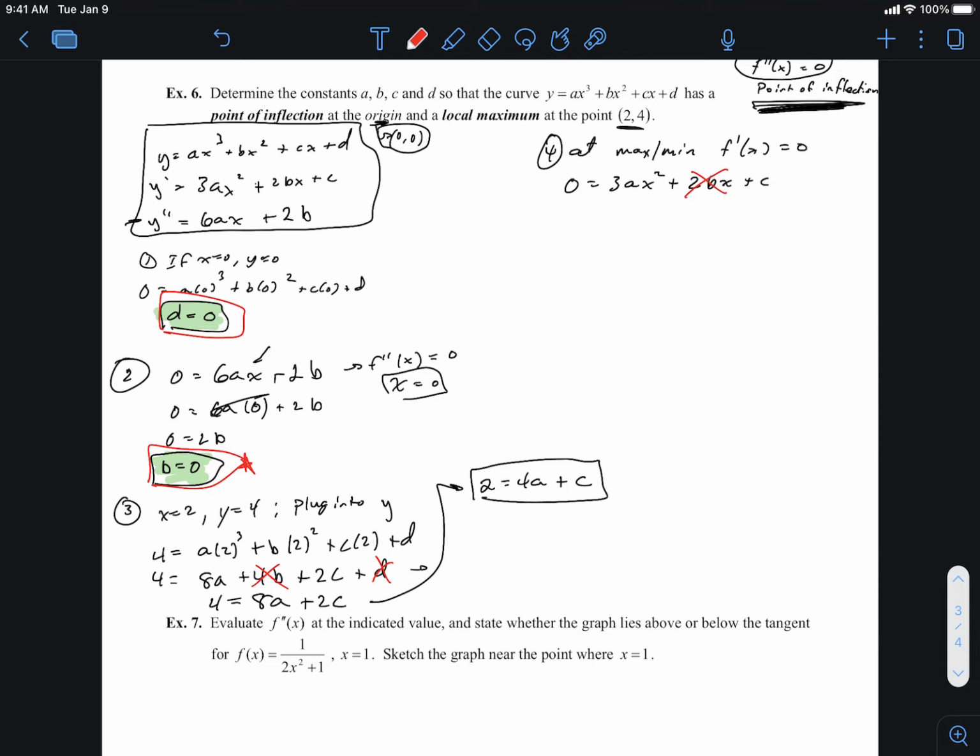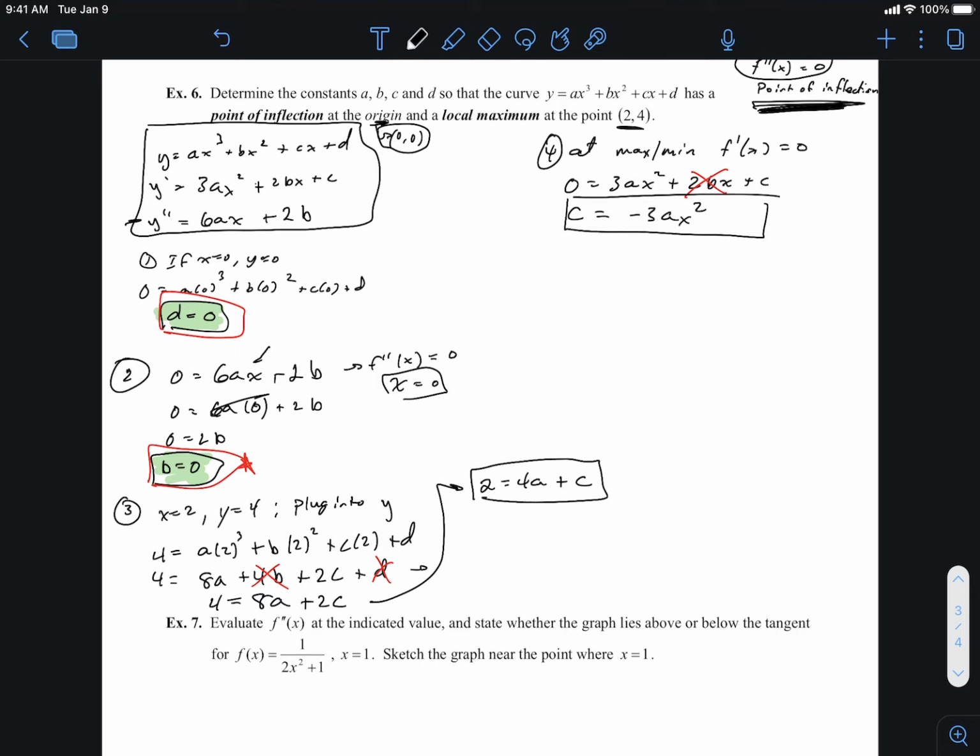So that is also going to disappear. And what are we left with? Well, if I were to rearrange this, c would equal negative 3ax squared. That's just for solving for c here. So we know that that's true.